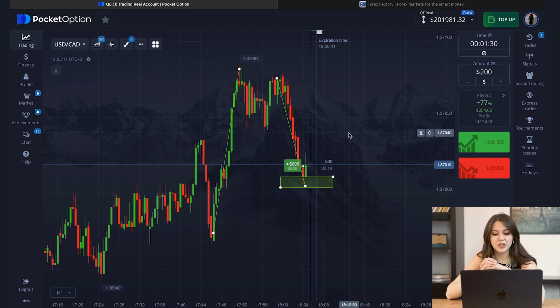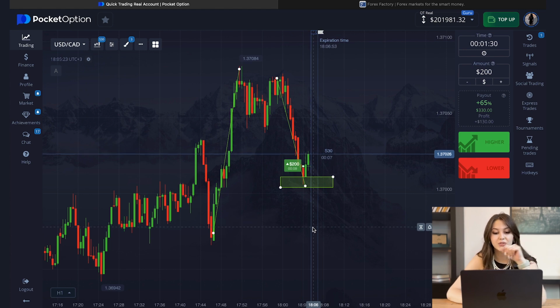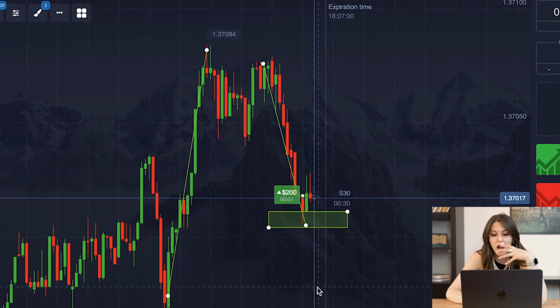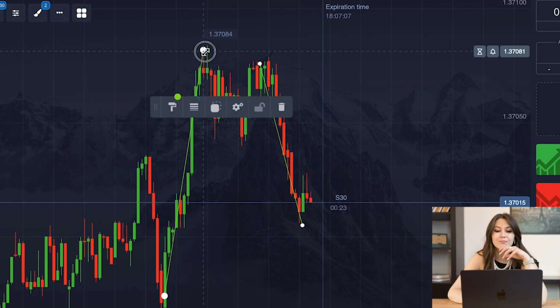Very dangerous zone right here, because as you can see, we're very close to the win and we can be very close to the loss, but we have 10 seconds left, guys, and that is very interesting, because I'm really shocked how easily you can earn money just from the news. And guys, we have the profit again.